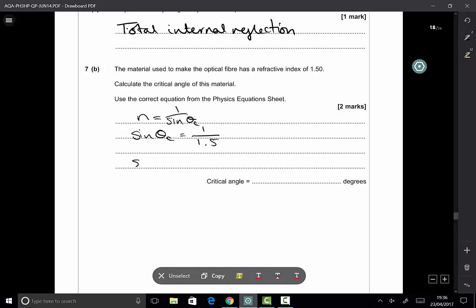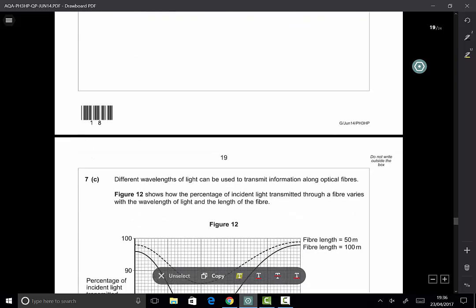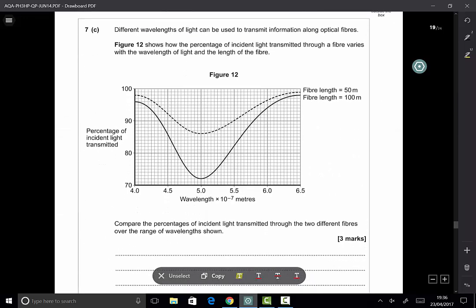Which tells me that sine theta C is equal to 0.67. And then if I do the inverse sine of that, I get my angle as 41.8 degrees.